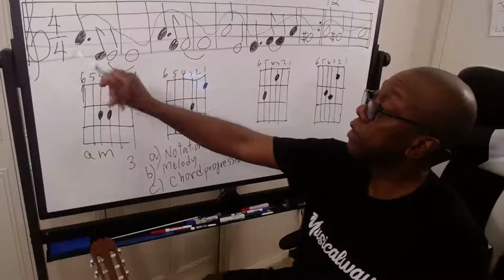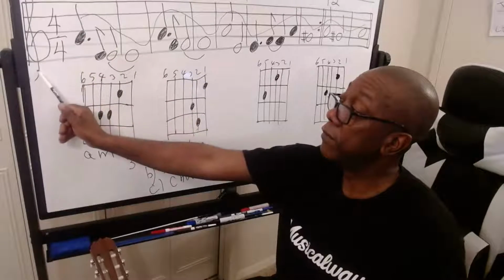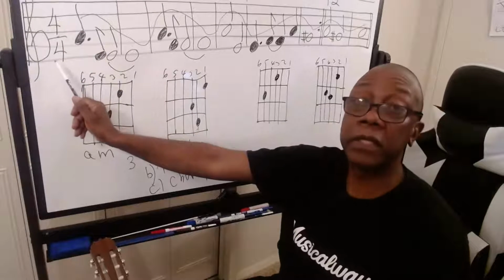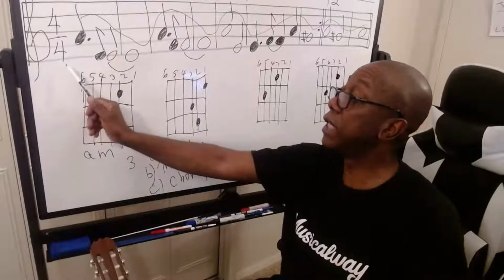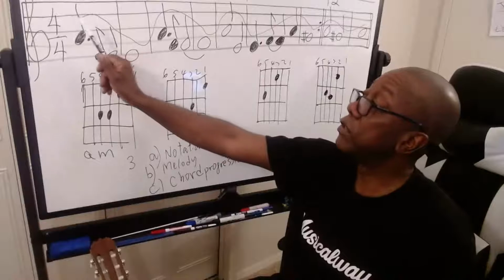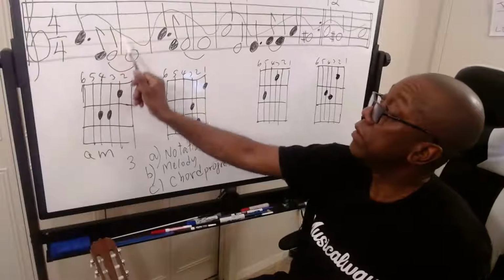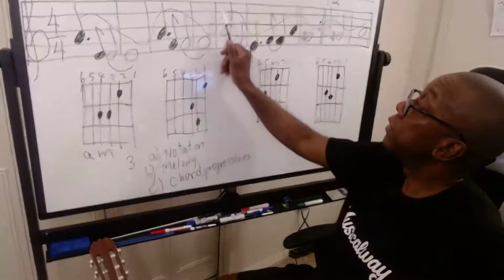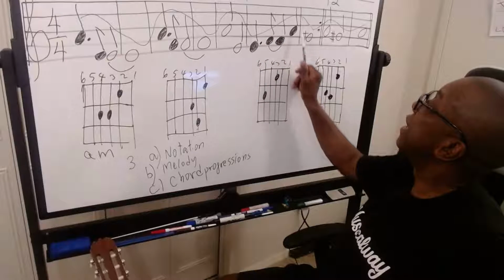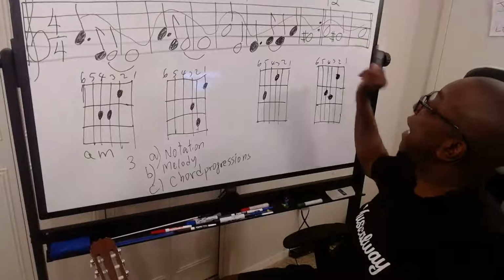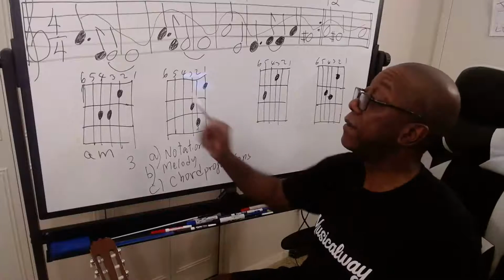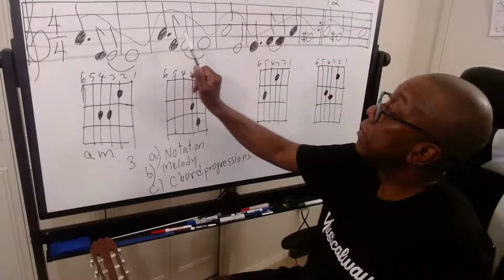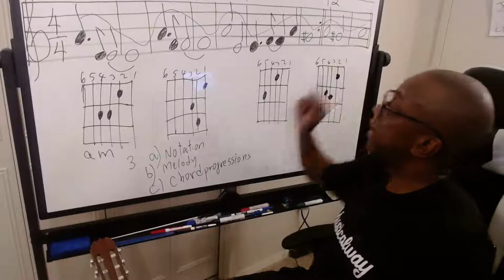All right, first notation. So we have the treble clef, the time signature or meter. If you look at my lesson before, you know what it is. And then we have the measures. One measure, two measures, three, four, five, six, seven.